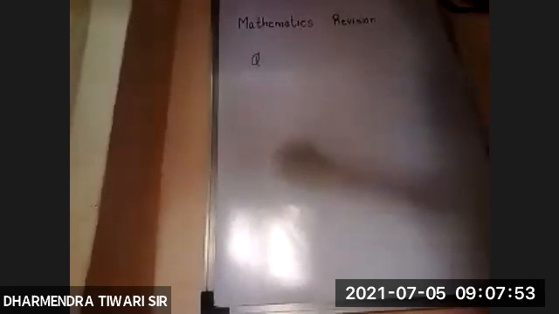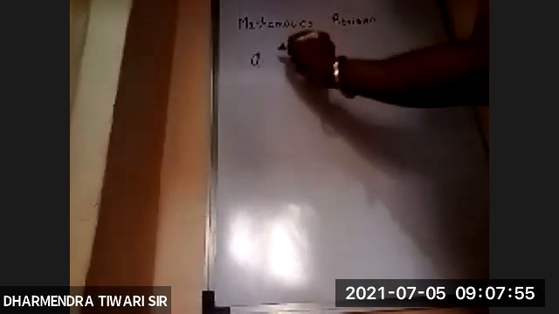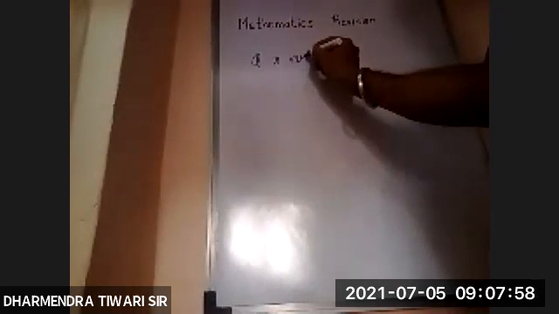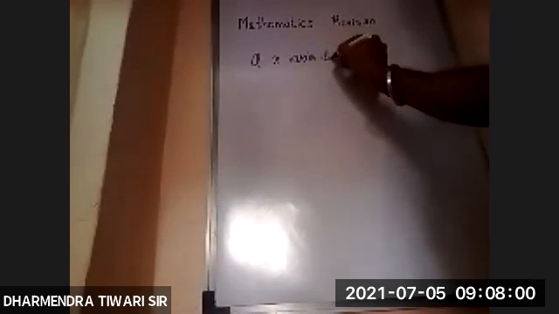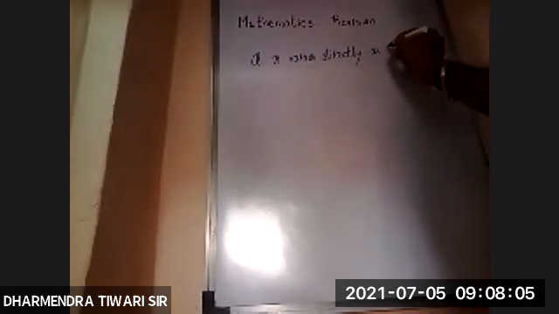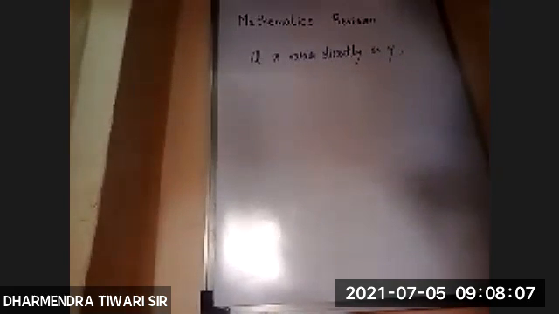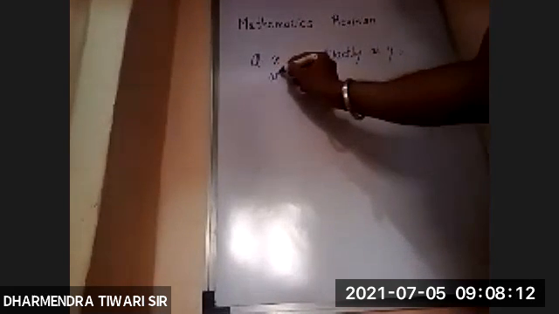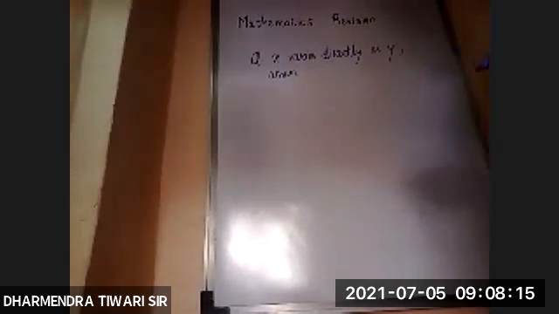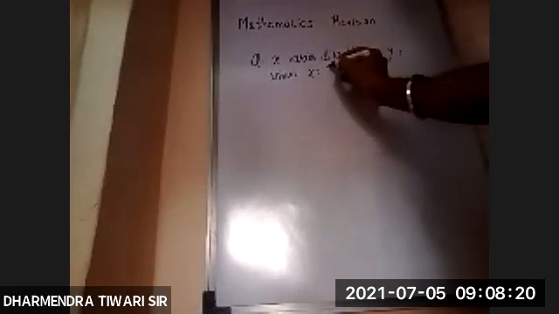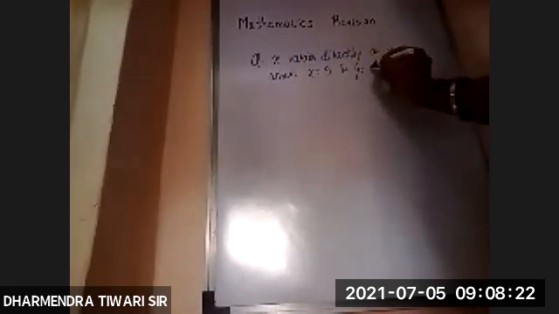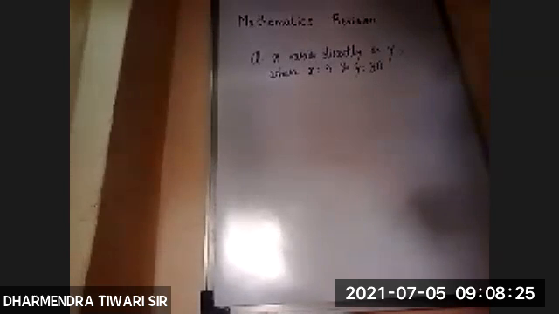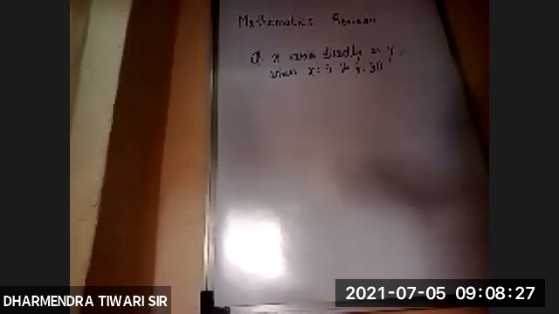X varies directly as y. When the value of x is 5, y is 30. Find the constant of variation and equation of variation.